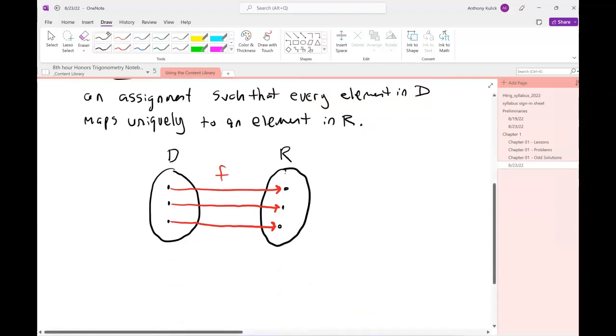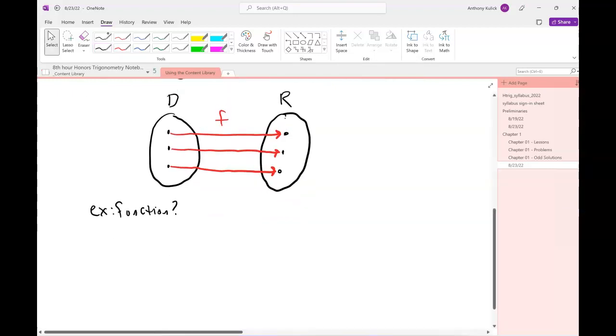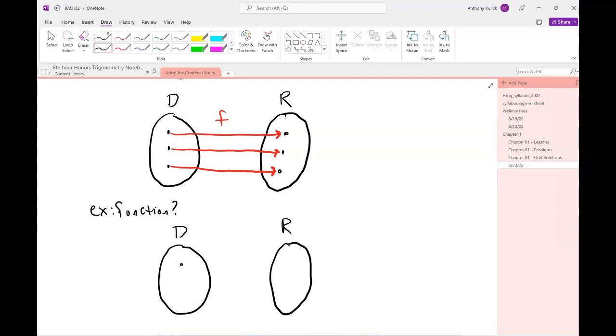Okay, I'm going to draw a couple more mapping diagrams, and you guys will help me decide whether these are functions or not. Sound okay? Again, this is probably Algebra 1 or definitely Algebra 2 review. Okay, let's see.